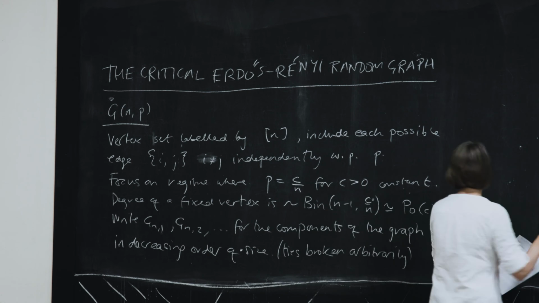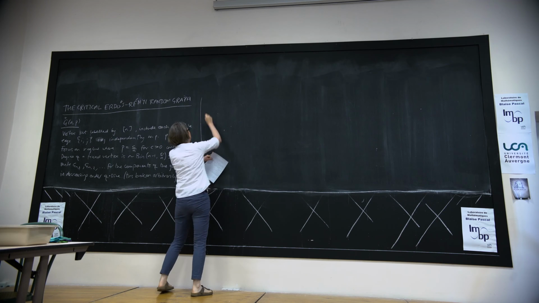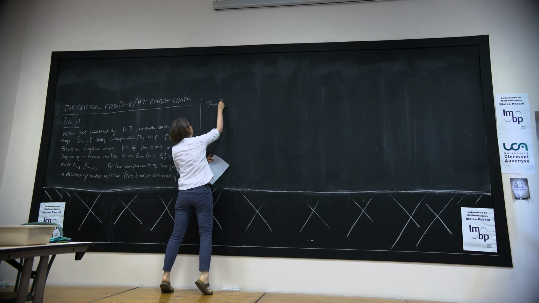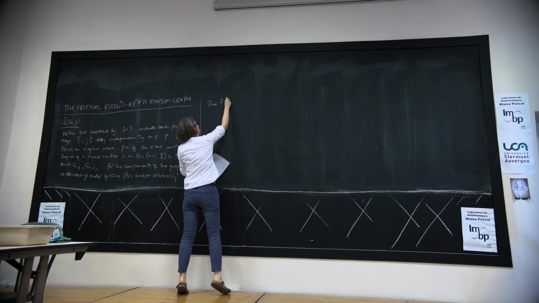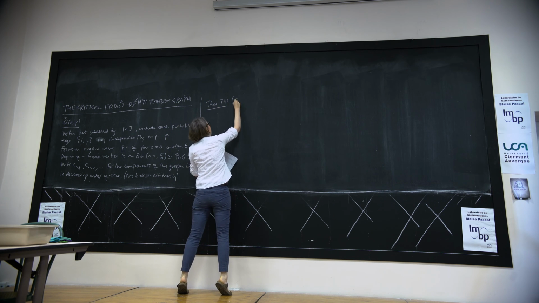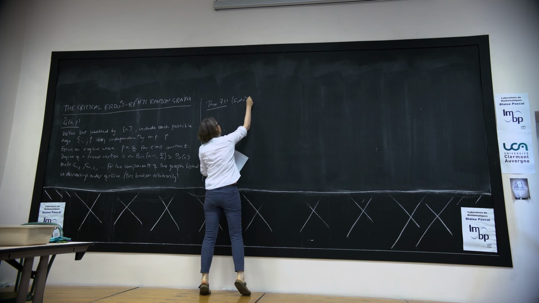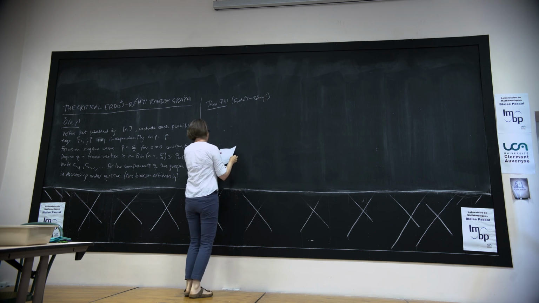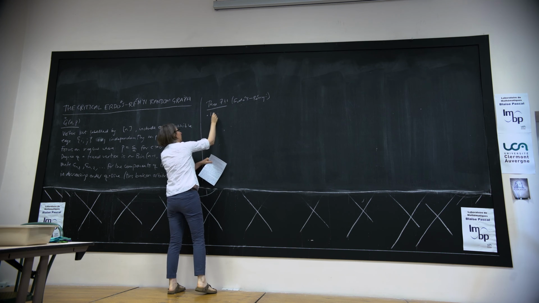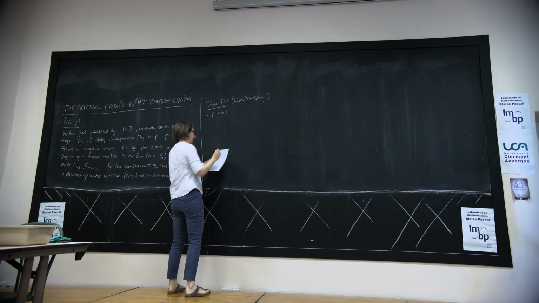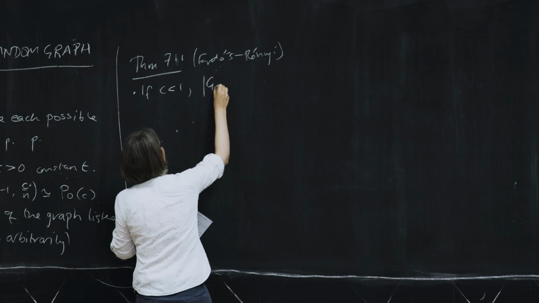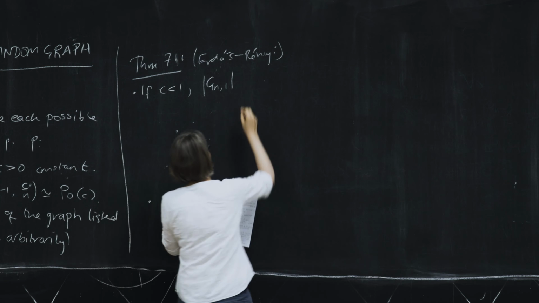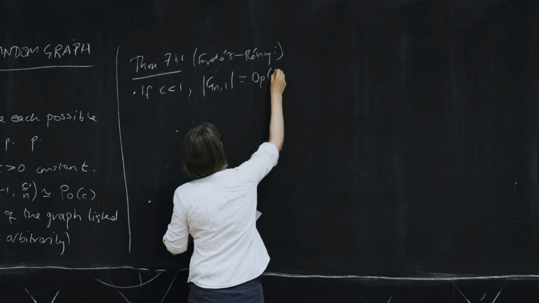Then the theorem, which is due to Erdős–Rényi, theorem 7.1 in the notes, is that if I look at a value of c strictly less than 1, then the size of the largest component is O_P of log n.